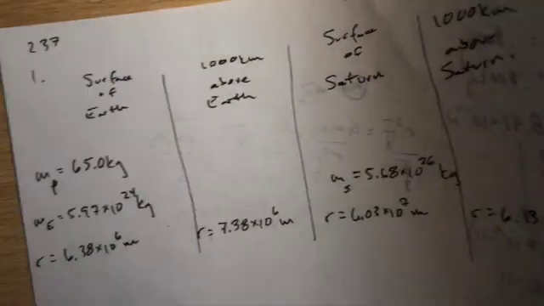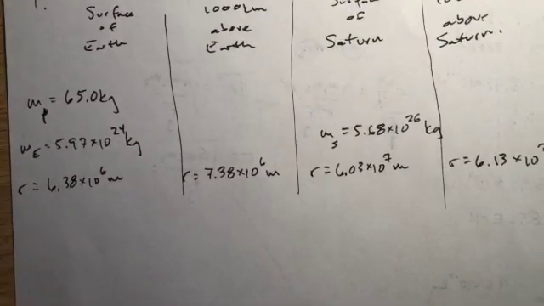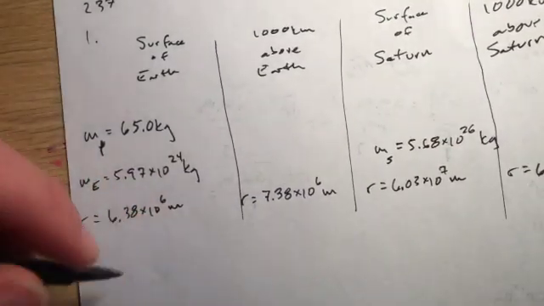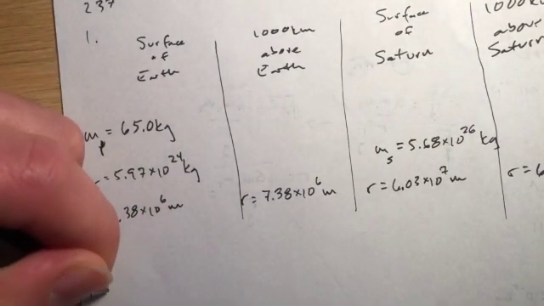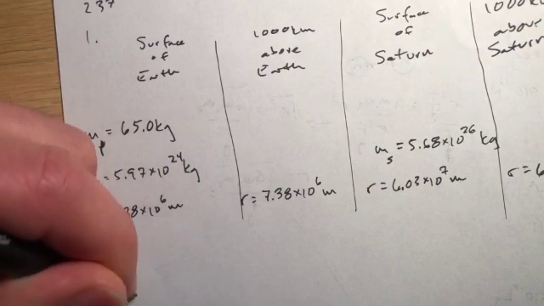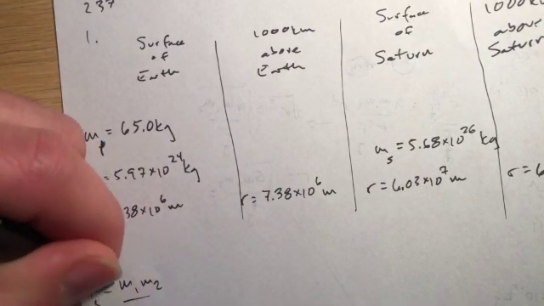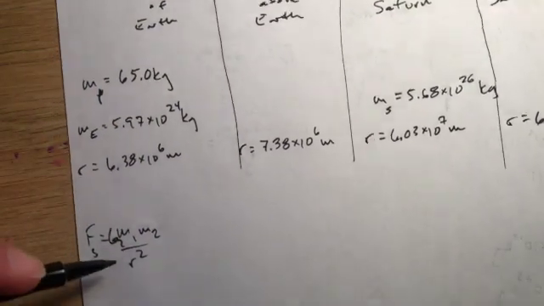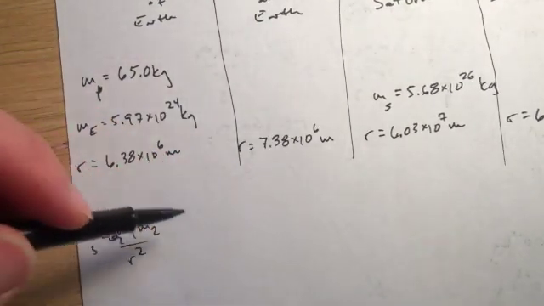Okay, so you can see, hopefully, again, I'm not going to do every one of these, but you're basically going to go through F equals capital G M1 M2 over R squared. And you're just going to change different R's for each situation.